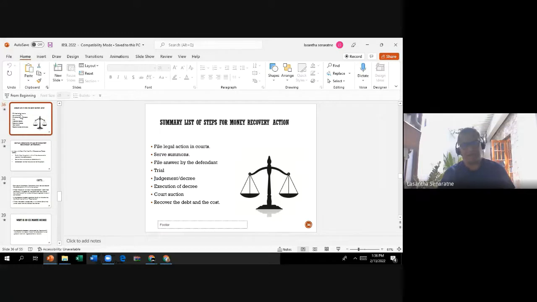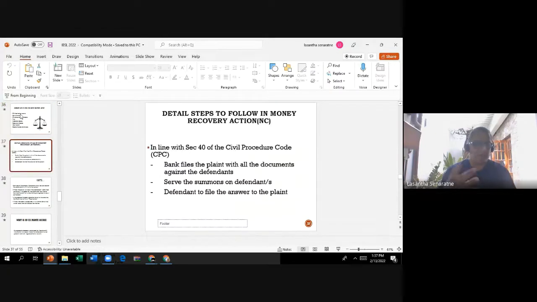Based on the written submissions, the judgment will be declared, and then you can get the decree, and the execution of the decree is the next step. Then you go for court auction, and recover the debt and the cost. This is the normal series of steps with regard to money recovery action. This is what all the banks are doing, rather than going for the debt recovery provisions.